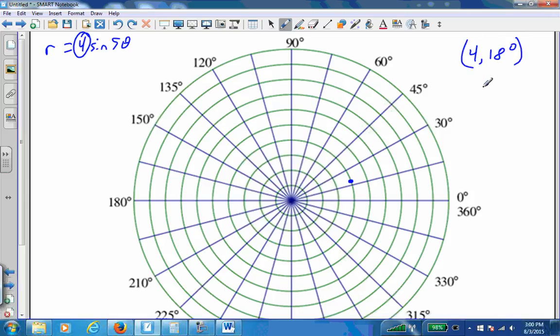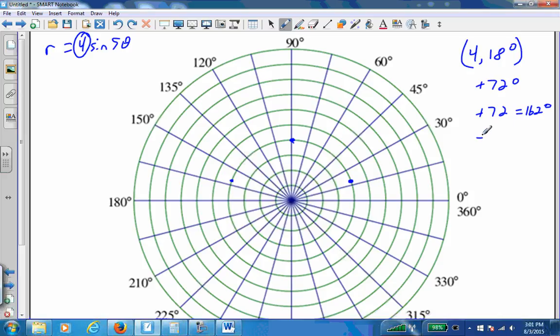How many degrees do we say between petals? 72. So if we go 72 more degrees, is that 90? So at 90 degrees, we have another tip. If we go another 72, so 162, we have another tip.